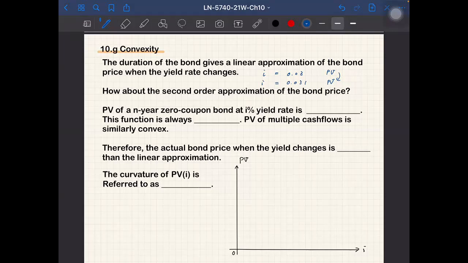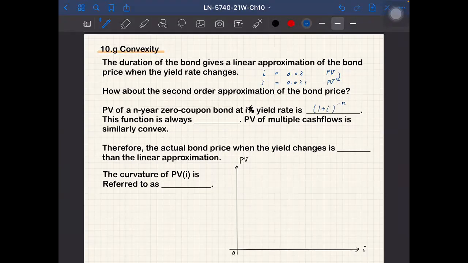Consider a simple case: the PV of an n-year zero coupon bond at interest rate i. I wrote i%, but it is just the interest rate i. That is equal to (1 plus i) to the power negative n.